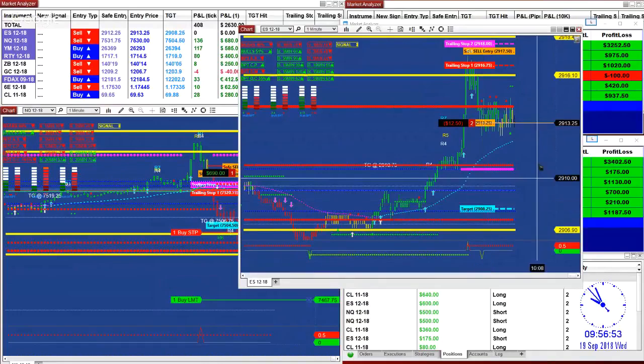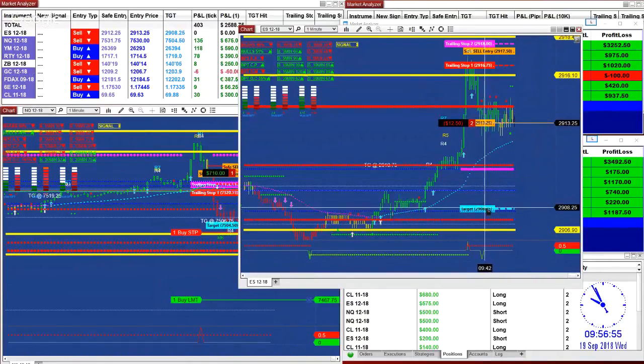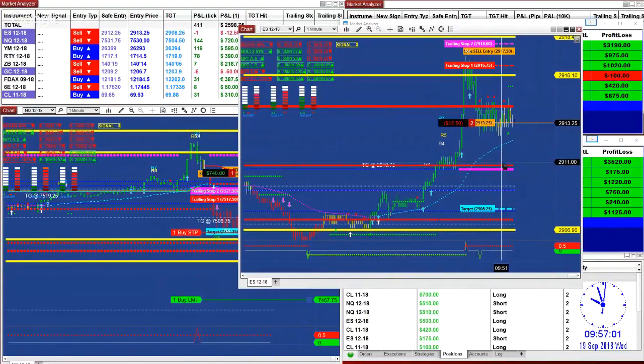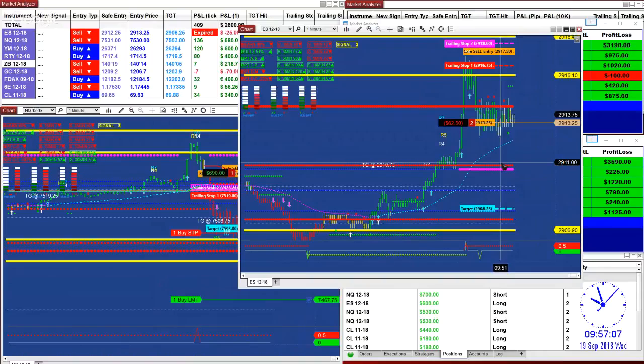The ES right now in this condition is gonna nail it all the way to the 2908 at the moment. But I can tell you one thing, if the ES is gonna drop, it's gonna drop from 1325 to 11. Because I'm chasing Nasdaq, Dow Jones, CL, sometimes I cannot keep up with everything.